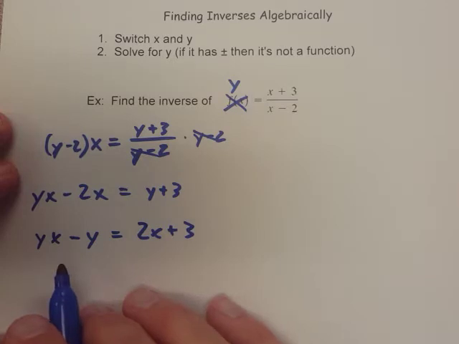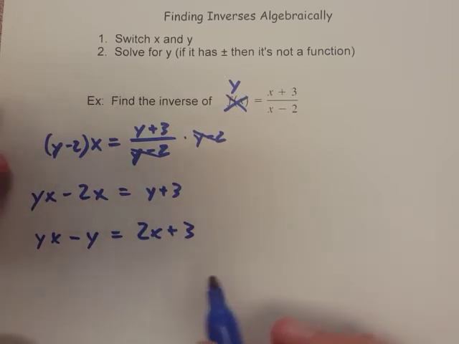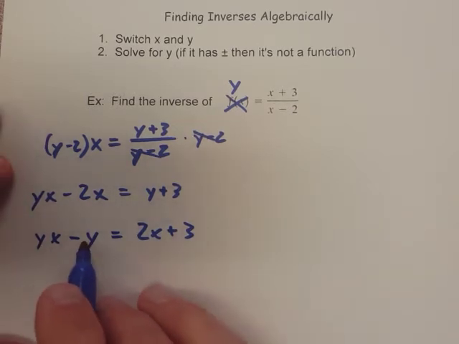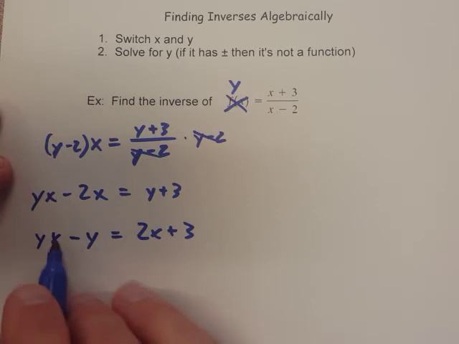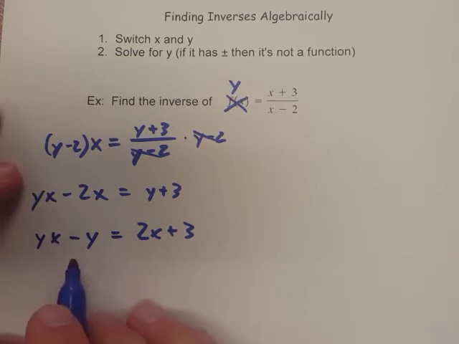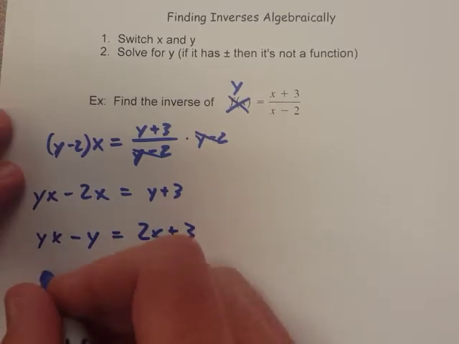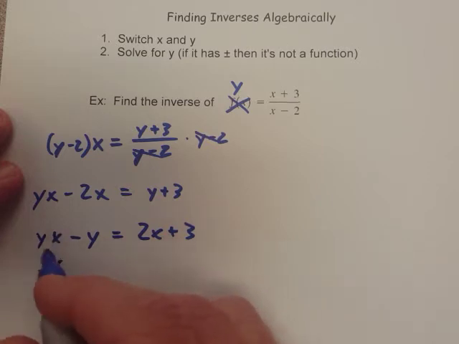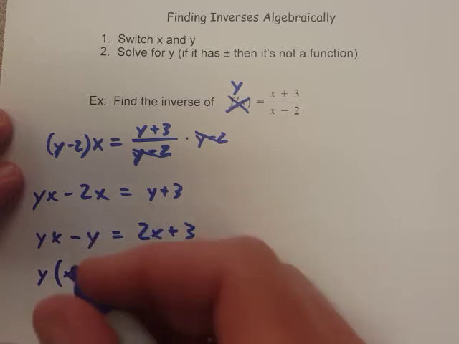This next step is where you really got to pay attention, because this is what will help us get it solved for y, and that is we are going to factor out a y from both of those so that we just have one instance of y. We're going to take y out, and if we take it out of this one, what we're left with is x. If we take y out of y, it's division, so we leave a 1.